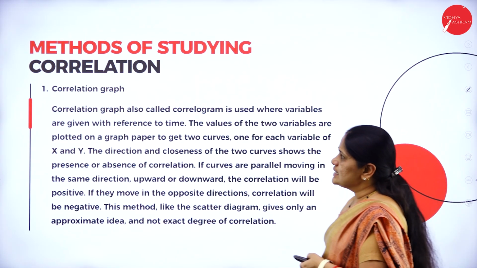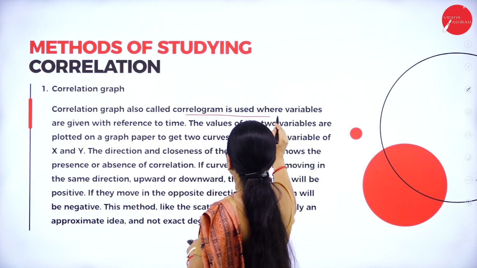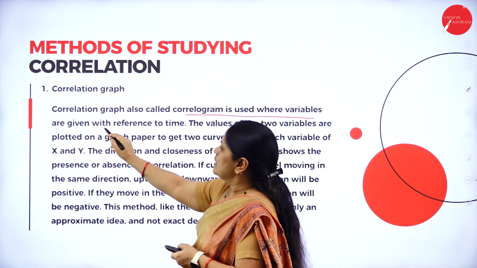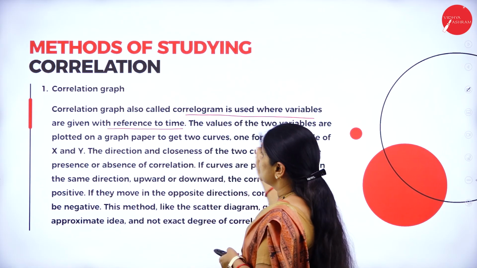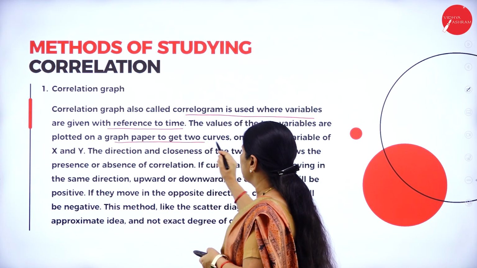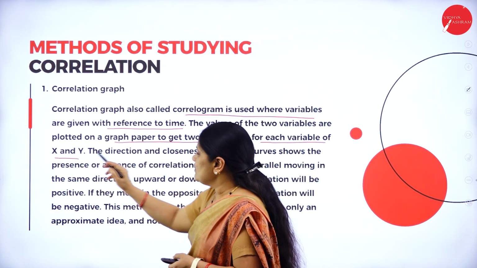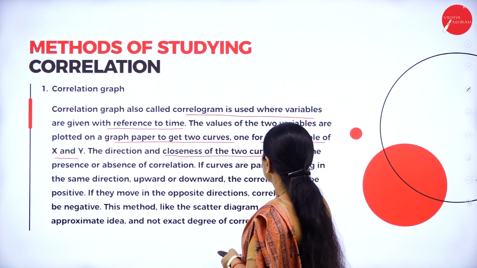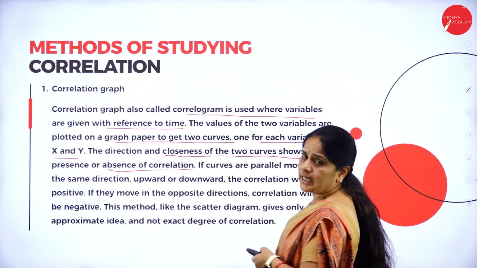Next is the correlation graph. It is also called a parallelogram, where variables are given with reference to time. The values of the two variables are plotted on graph paper to get two curves, one for each variable, x and y. The direction and closeness of the two curves show the absence or presence of correlation.